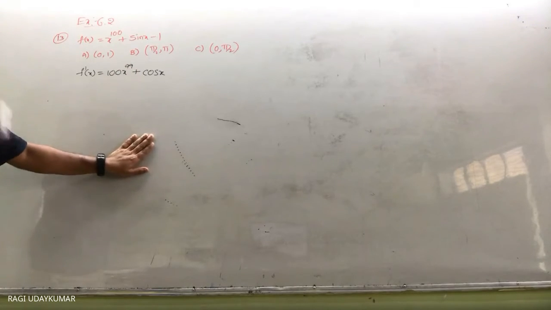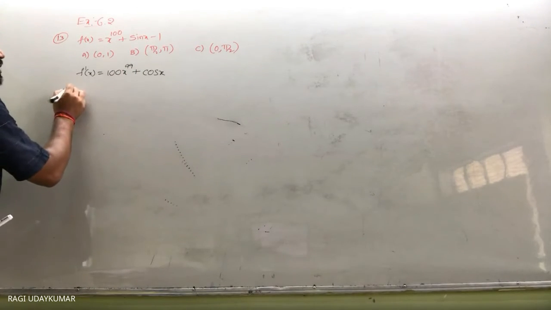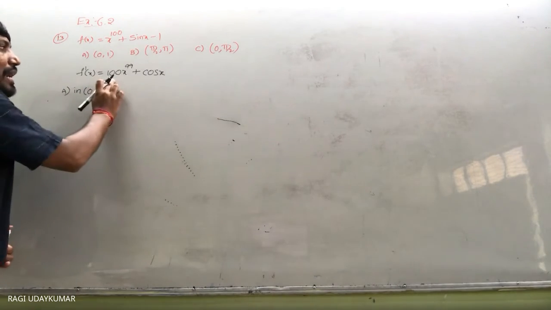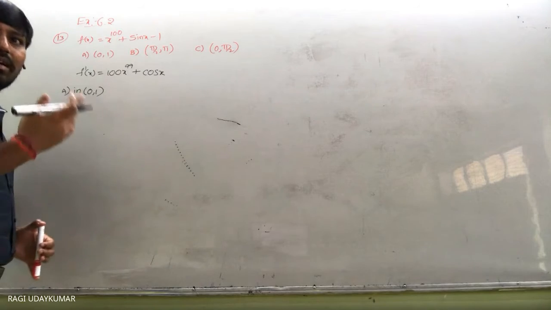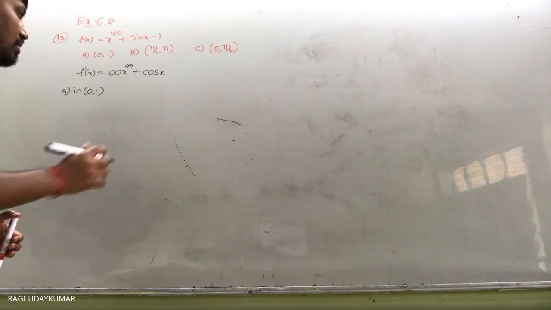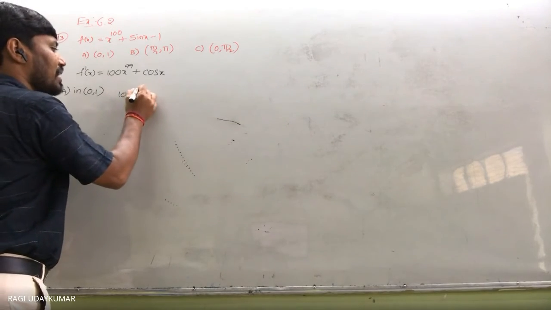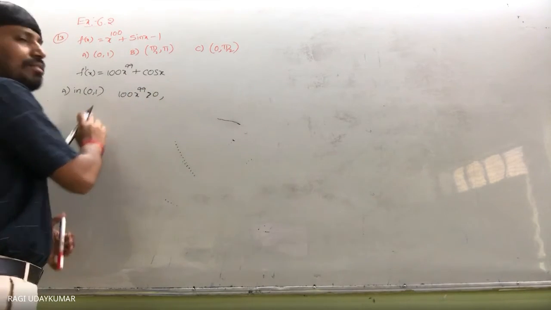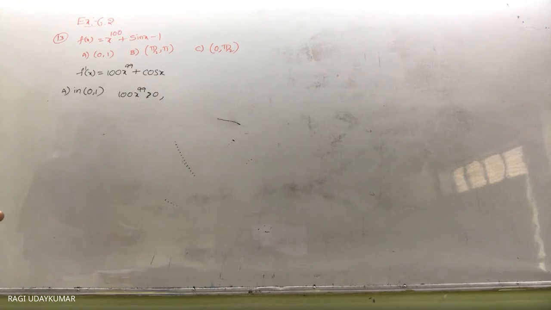Now take one interval at a time. First one, 0 to 1. In this interval, 100x power 99 is always greater than 0. In the interval 0 to 1, 100x power 99 is positive.